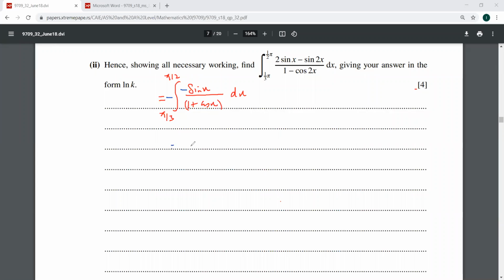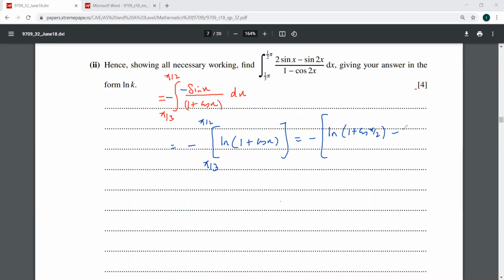So now this simply becomes minus limit from pi by 3 to pi by 2 of ln 1 plus cos x. That's it. This was just one line integration. So this is minus, let's put the limits here. This is ln 1 plus cos pi by 2, that is 0, right?